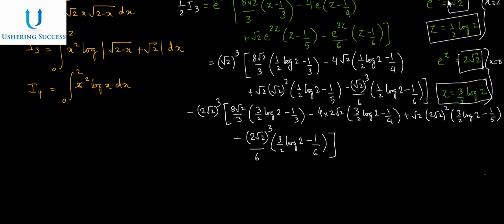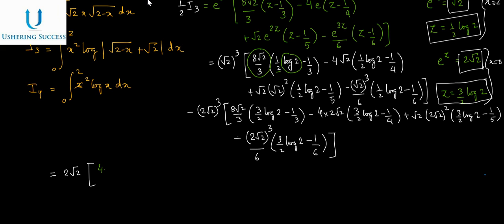So this can be written as root 2 whole cube will be 2 root 2, and then I collect the log 2 terms in the first bracket. So for log 2 we have 8 root 2 by 3 into half, which is 4 root 2 by 3.